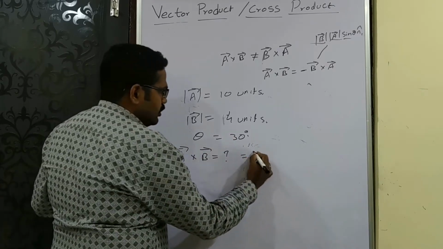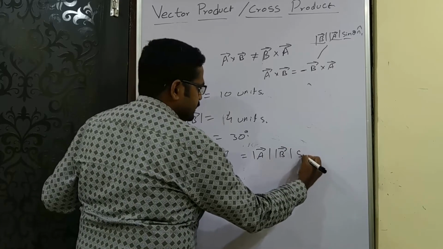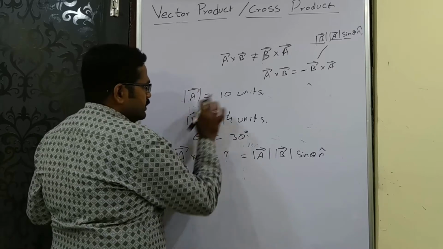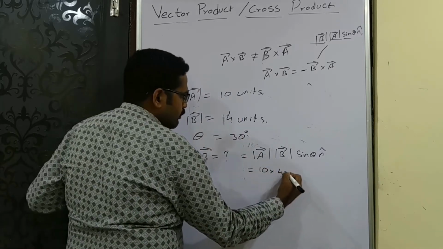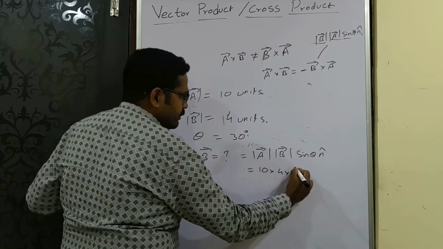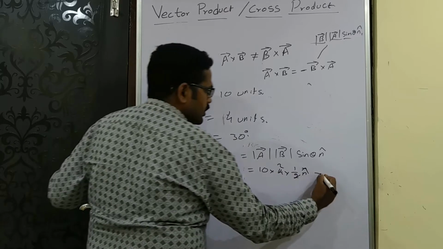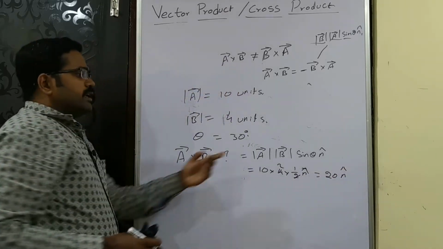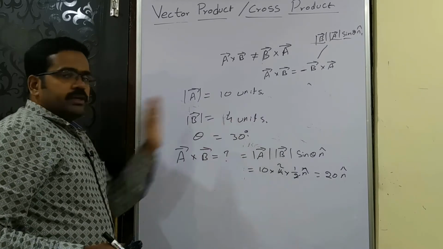This is equal to mod of A, mod of B, sin theta, n cap. So how much is mod of A? He has given us 10 units. 10 into how much is mod of B? 4. 4 into sin theta. Sin 30 is how much? 1 by 2 n cap. So this is 20 units n cap direction. What is the direction of n cap here? It is perpendicular to both vector A and vector B. Up to here it is clear.